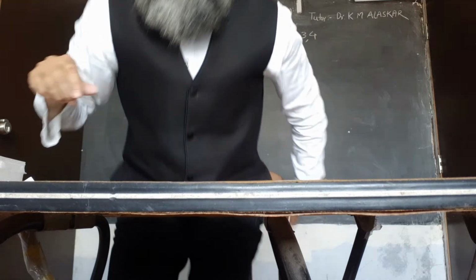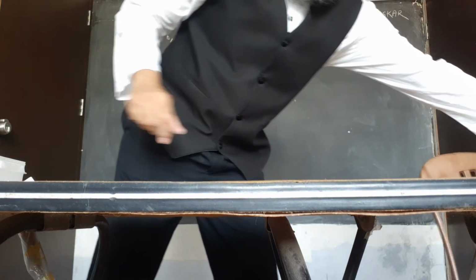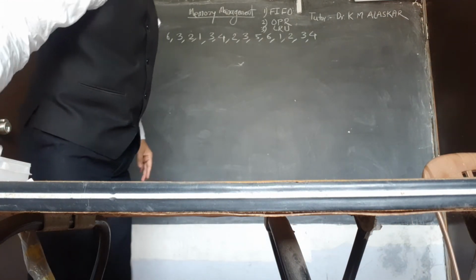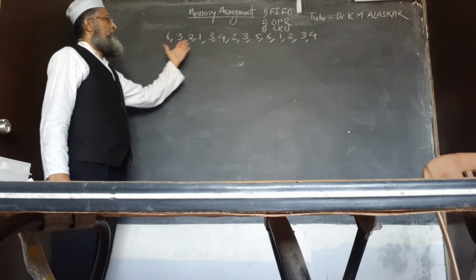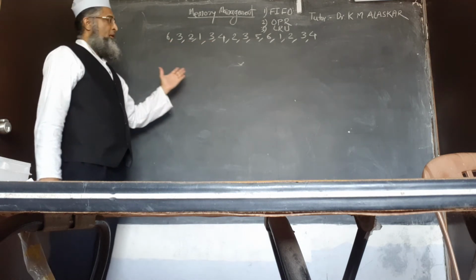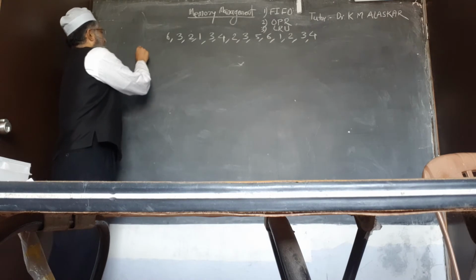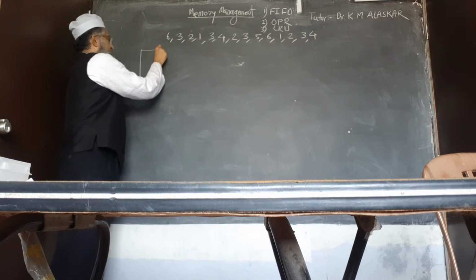These three algorithms we will see one by one. The first one is first in first out. We'll consider one example. Now these are the pages of a program, and suppose we have three frames.